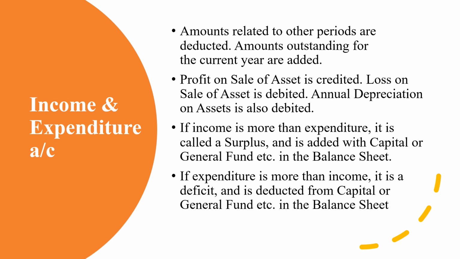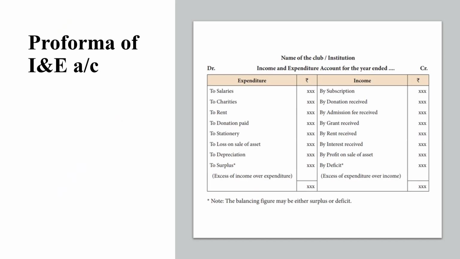If it is a surplus, it will be added to the capital fund, whereas if it is a deficit, it will be deducted from the capital fund in the balance sheet. Let us have a glance at the pro forma of the income and expenditure account. As I told you, the name is income and expenditure, but the expenses are on the debit side and incomes are shown on the credit side.